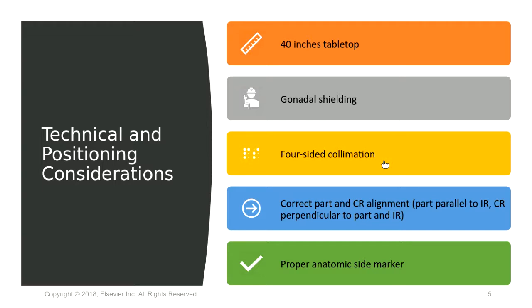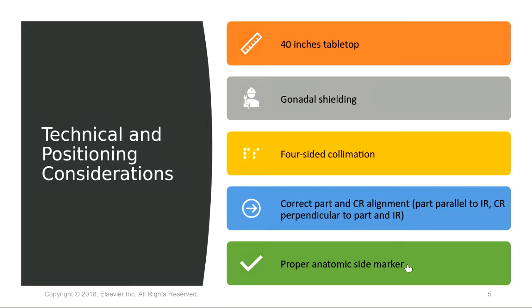You always want to make sure you have the correct part and central ray alignment. Ideally, your part is parallel to your image receptor, and your central ray is typically perpendicular to your part and to the IR. And if it's not perpendicular to the part, typically they will tell us that the reason for the angulation is to make it perpendicular to a specific area of anatomy.